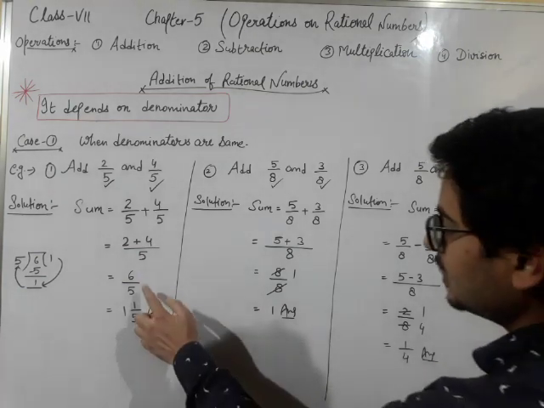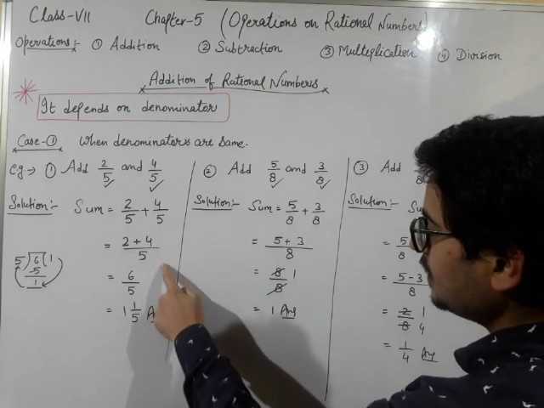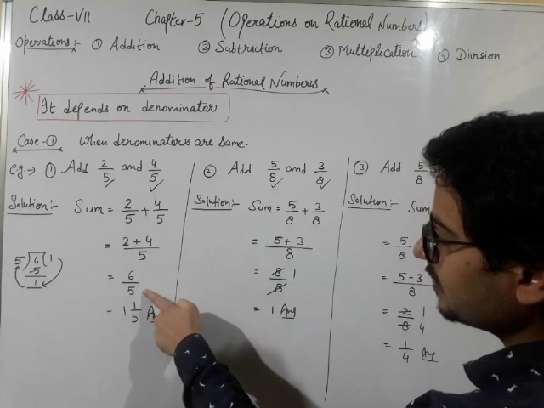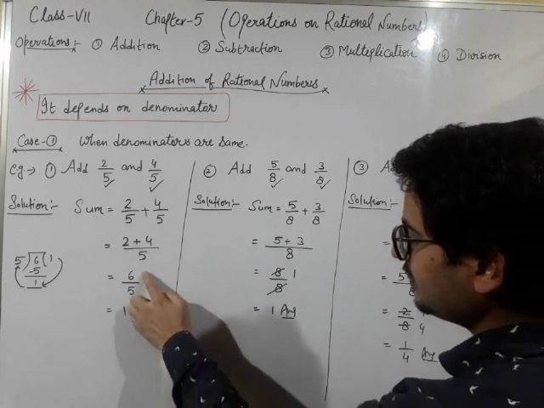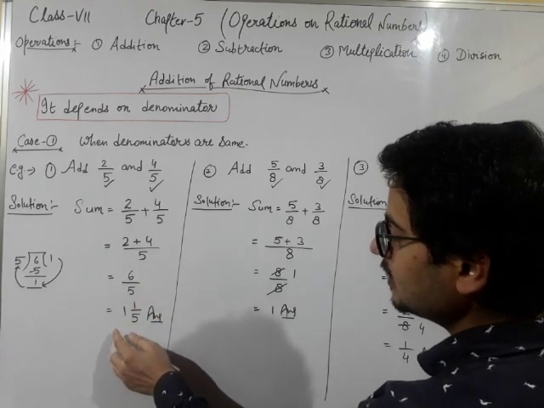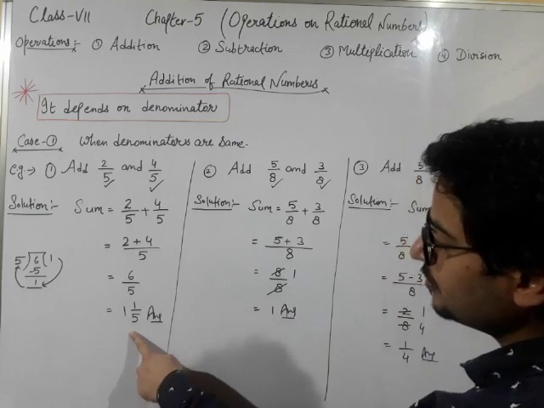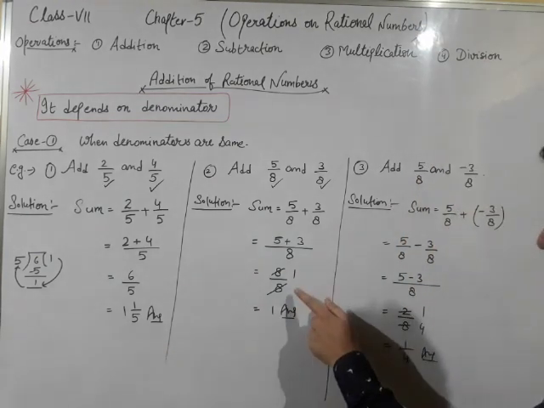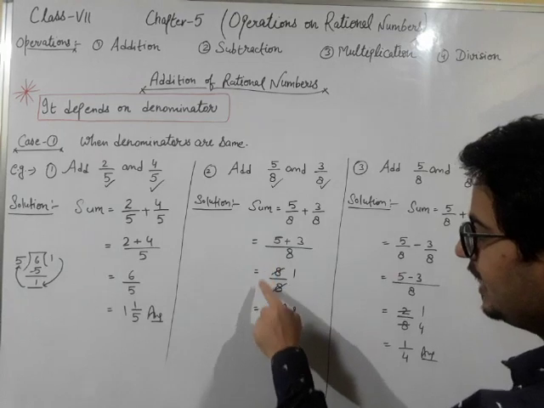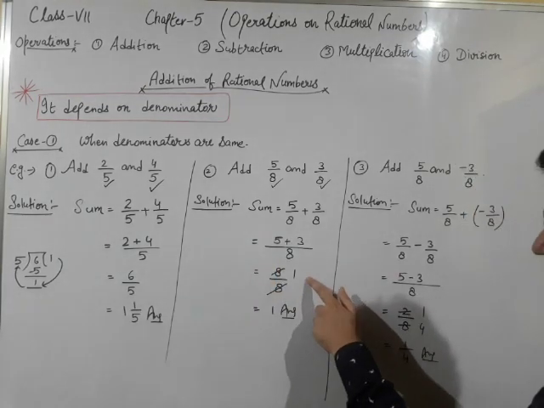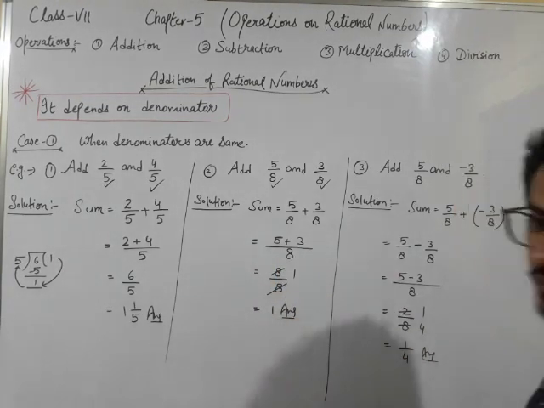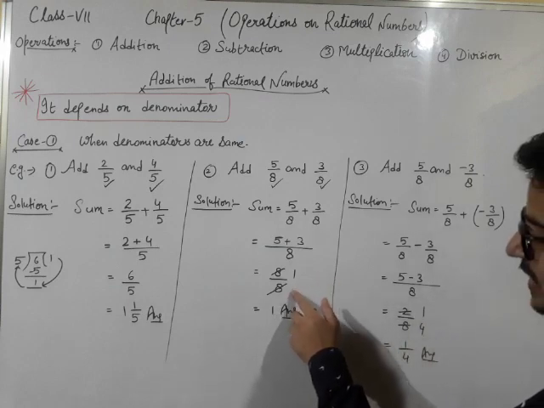So here, just because it is an improper fraction or improper rational number, therefore we have divided 6 by 5 and we obtained our answer in the form of mixed fractions. Here 8 upon 8 and the HCF of 8 and 8 is 8, therefore we have divided it by 8 because 8 ones are 8.